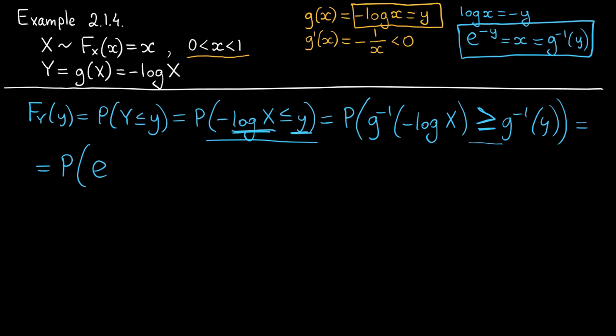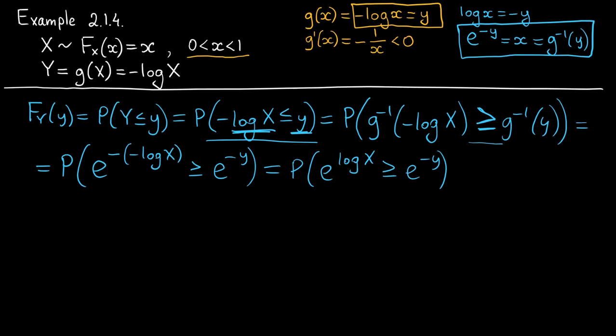And let's plug in the value for the inverse of g, and what we get is the probability of e to the power of minus log of x is greater than or equal to e to the power of minus y. And we can rewrite this as e to the power of log of x greater than or equal to e to the power of minus y. And once more, let's think about what log of x means.